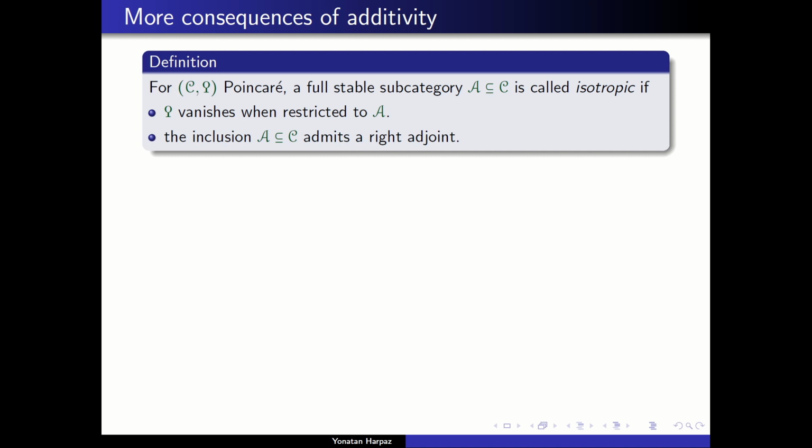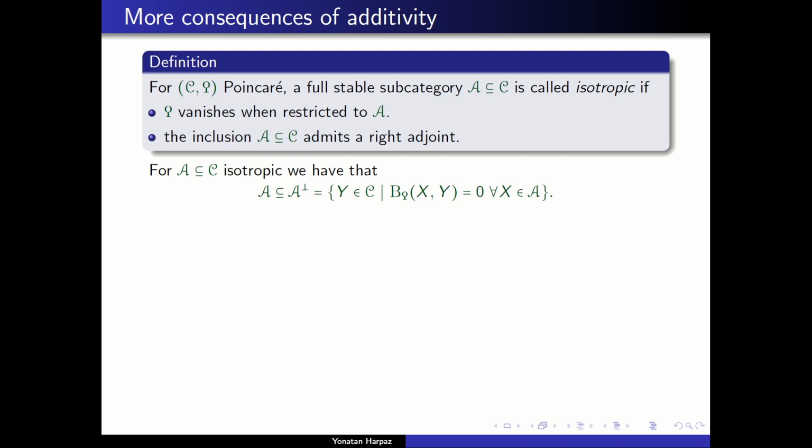In order to formulate them, we consider the following definition. For a Poincaré infinity category C with Poincaré structure Φ, a full stable subcategory A inside of C is called isotropic if Φ vanishes when restricted to A, and the inclusion of A in C admits a right adjoint.